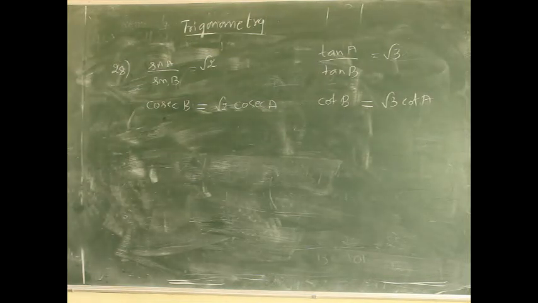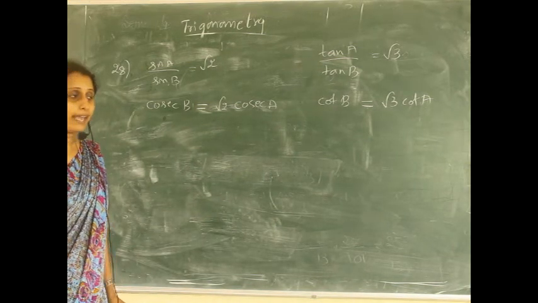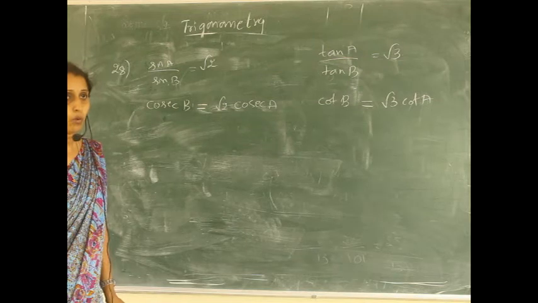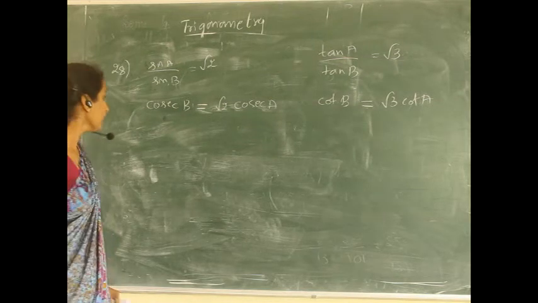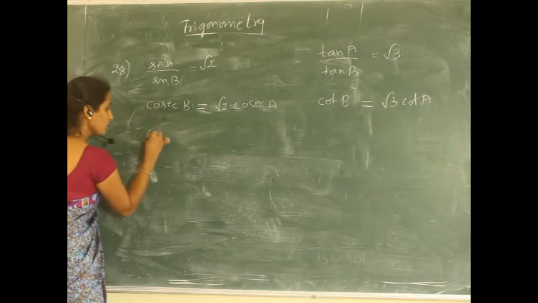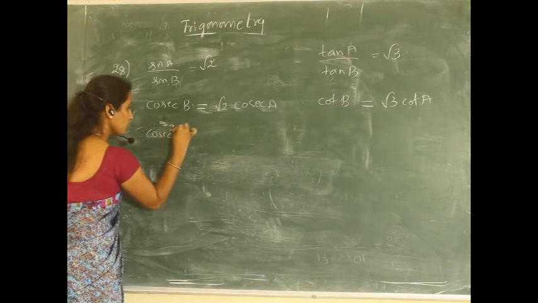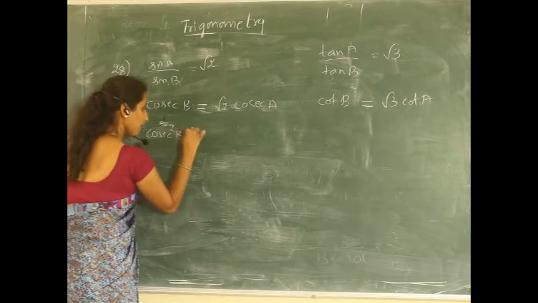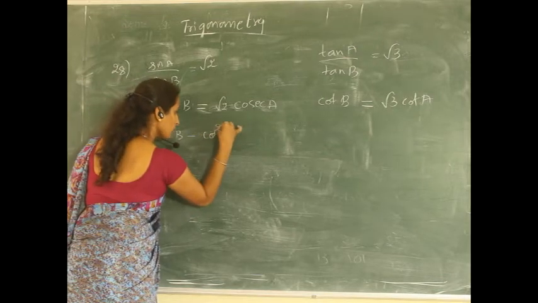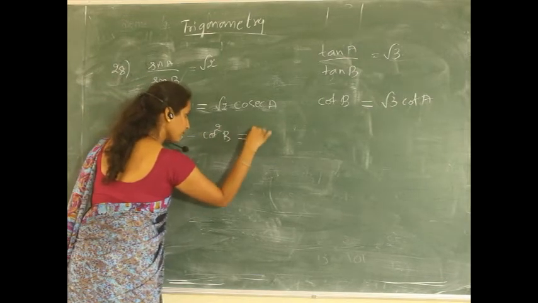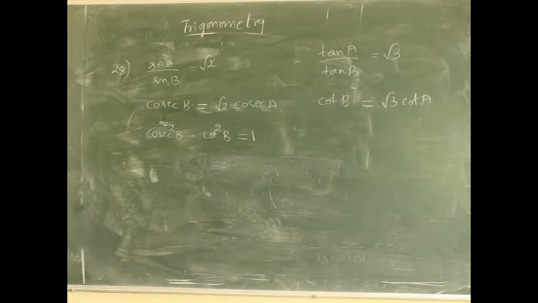We know the relation: 1 plus cot square A is cosec square A. Therefore we can write cosec square B minus cot square B equal to 1, since 1 plus cot square x is equal to cosec square x.